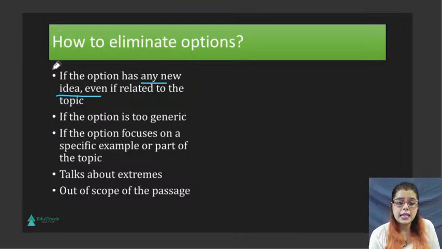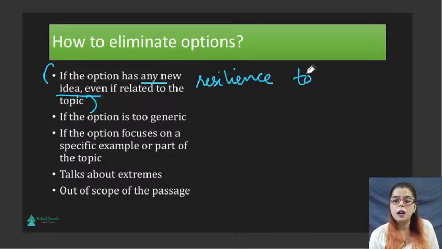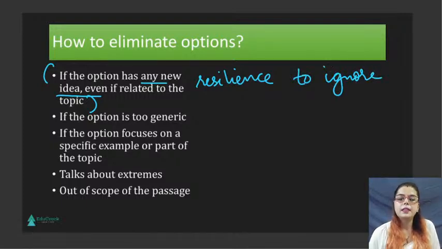So this is something that requires a lot of resilience. Resilience to ignore. And the power is back. So it takes a lot of resilience to ignore any new idea, even if it is related to the topic, right?